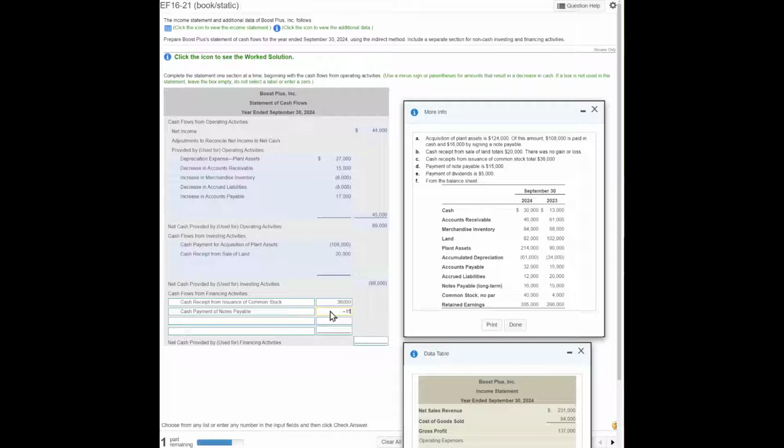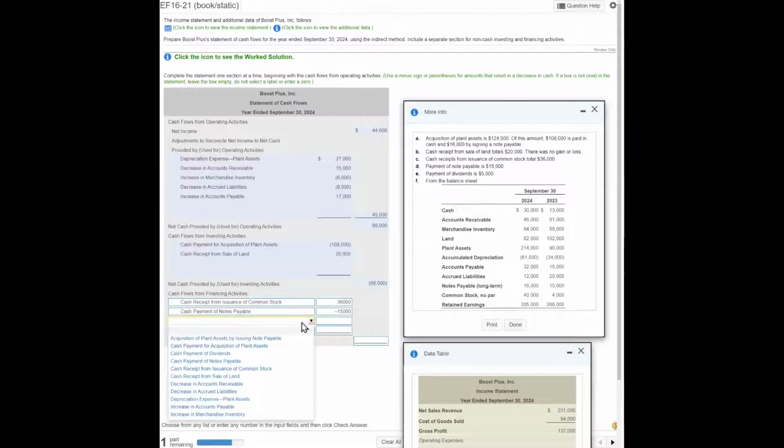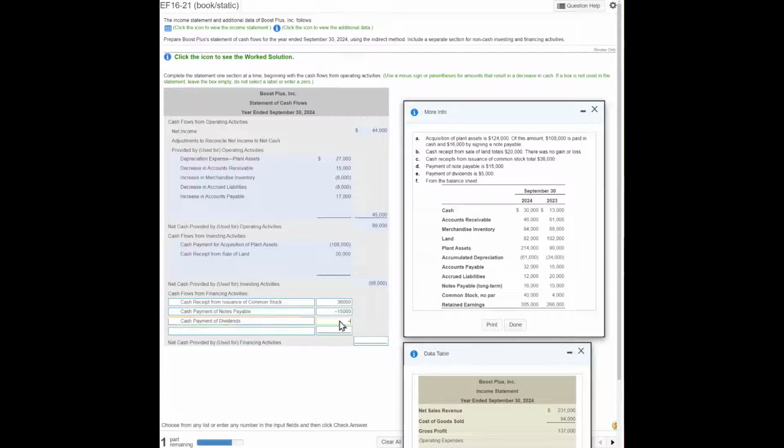That's minus 15,000, which I got from D. Payment of dividends. Dividends, remember, are paid out of retained earnings, and retained earnings is part of equity, therefore it goes in the financing activity section. And since we pay dividends, that's cash payment of dividends, we have to subtract that because cash went down.